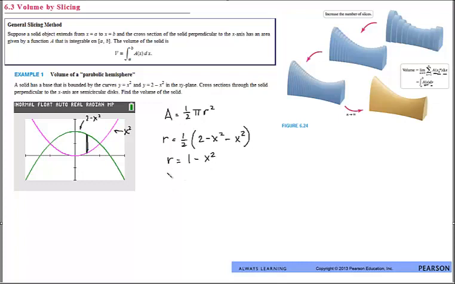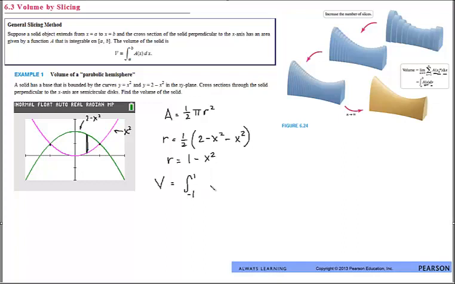Plugging in here to my area, I'll just go ahead and plug into volume. And you'll have to find these intersection points. Just set them equal and solve for where they intersect. You can also do that with the calculator, and you'll find that this is at 1 and -1, but you do have to perform that task as well.